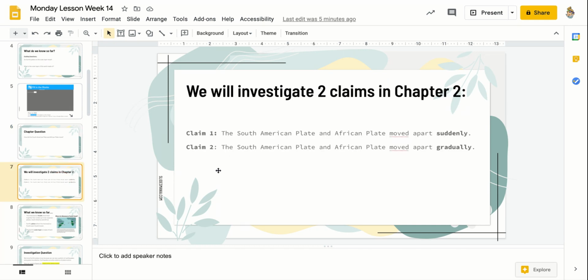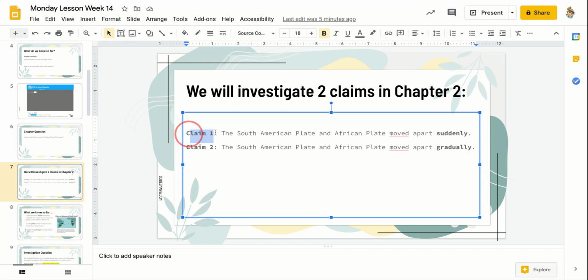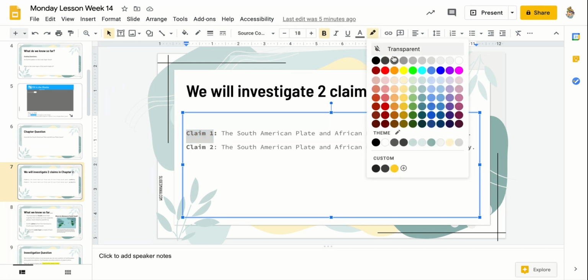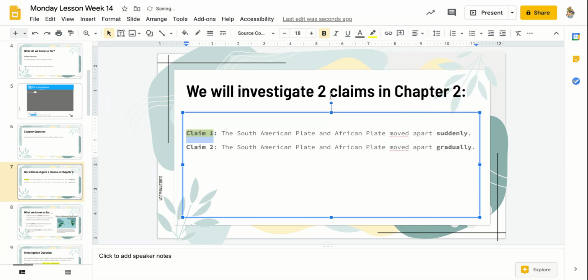So we're going to be investigating two claims in chapter 2. We have our claim 1 here, which is that the South American plate and the African plate moved apart suddenly. So suddenly means they moved apart quickly, or it happened very fast.